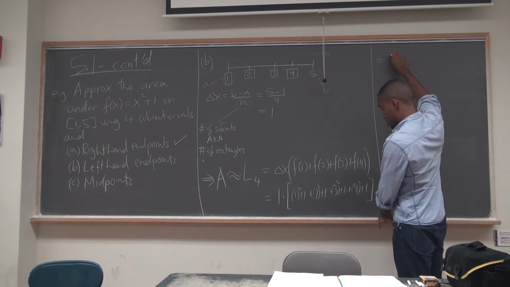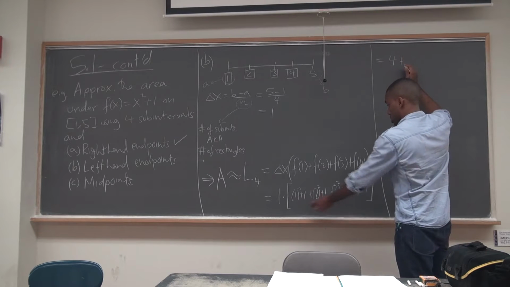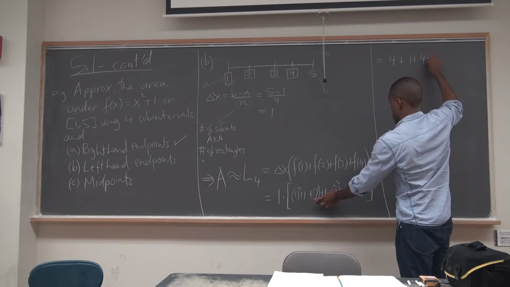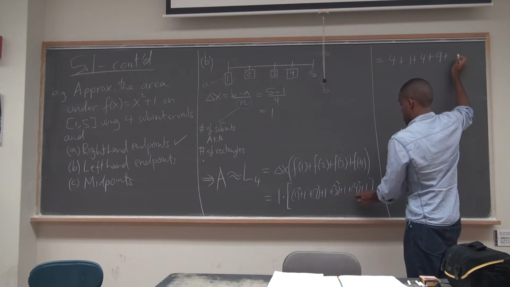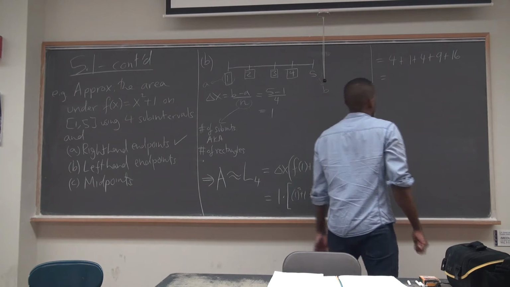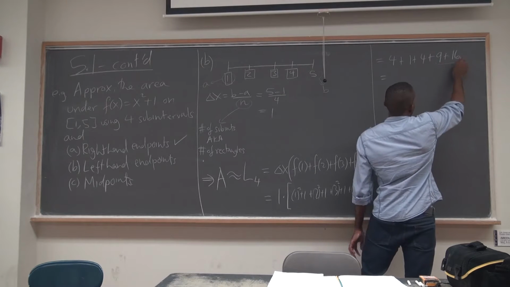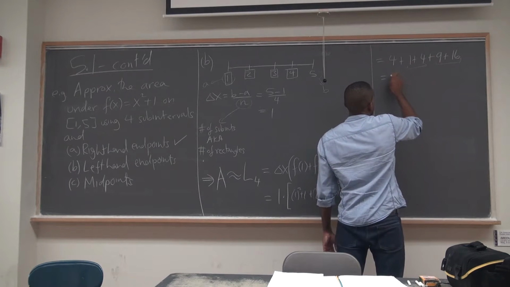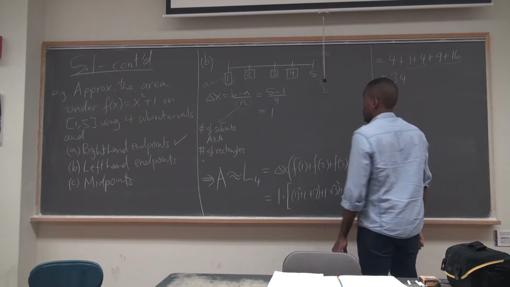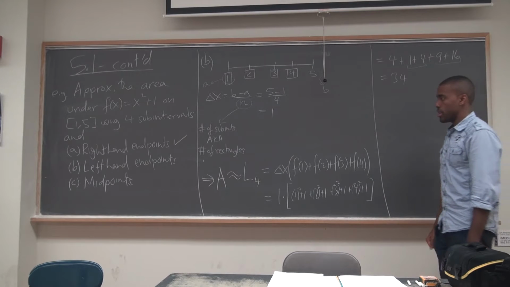Which is 1 plus 1 plus 1 plus 1, that's 4, plus 1 plus 4 plus 9 plus 16. So 9 plus 16 is 25, plus 5 is 30, that's 34. So that's my approximation for the area according to the left-hand endpoints.